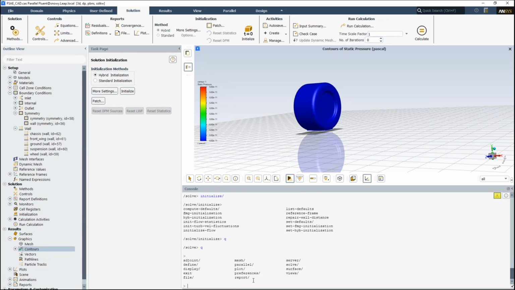In here, when you hit enter in Fluent, you've got these TUI commands. These can be really helpful because you can use them for scripting and things. So if I was to solve initialize, hyb initialize, I could just go solve init hyb init, and it'll know what I'm talking about.